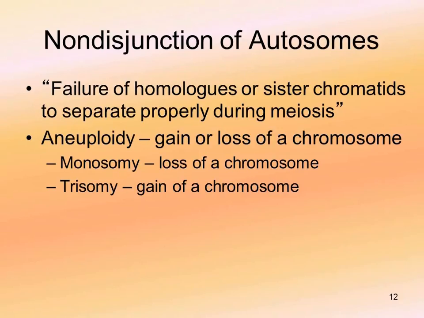Nondisjunction can have a wide range of effects on the organism. The effects can be mild, they can be severe, or they can cause spontaneous death. Data suggests that 35% of human miscarriages occur due to some form of aneuploidy.